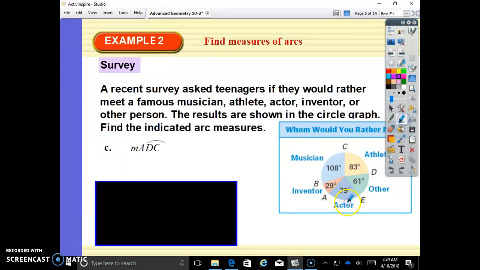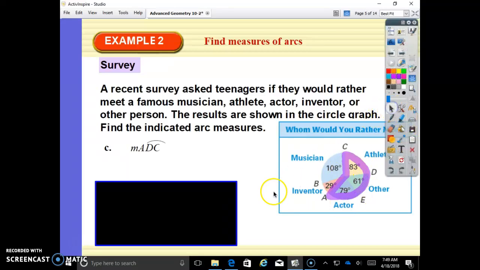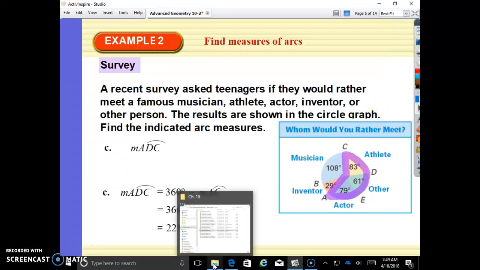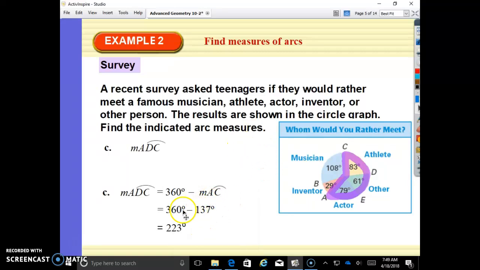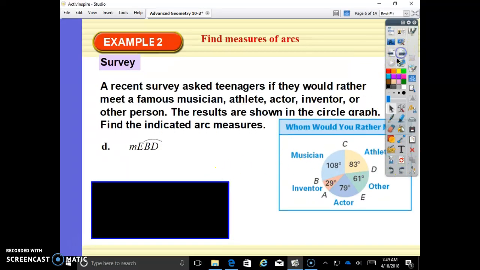So going from A to D to C, what did you get? Major or minor? Major arc. 83 plus 61 plus 79. No, not 203. You're close, but you had a little bit of a mental math error. It's 223. Good attempt, though.